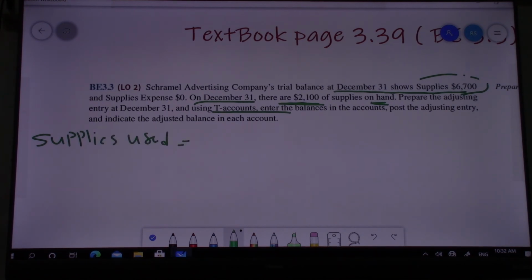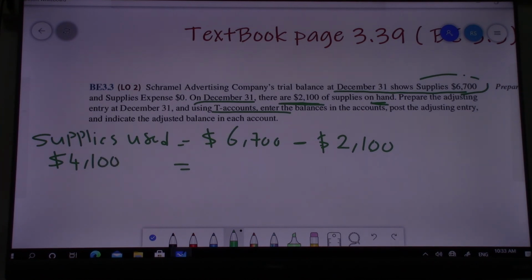And what is the amount of supplies used? Supplies used is the difference between supplies available during the period, which is $6,700, less supplies on hand, which is $2,100, equal to 4,600.